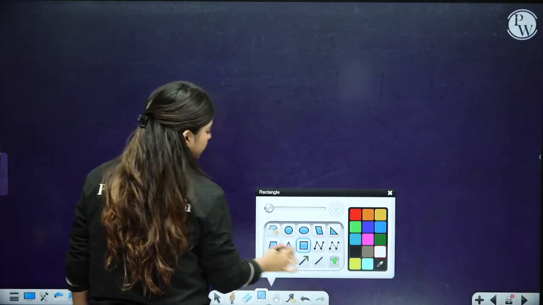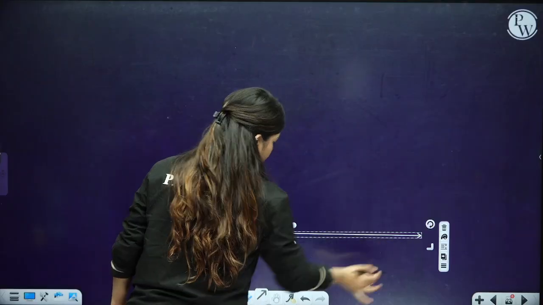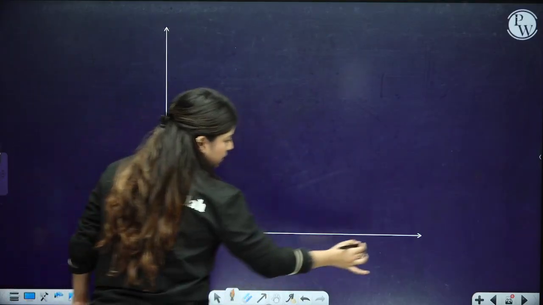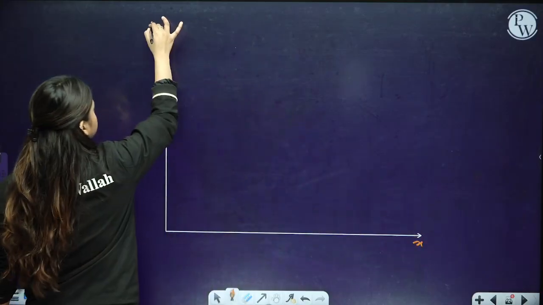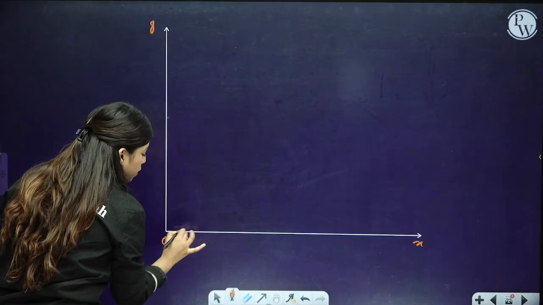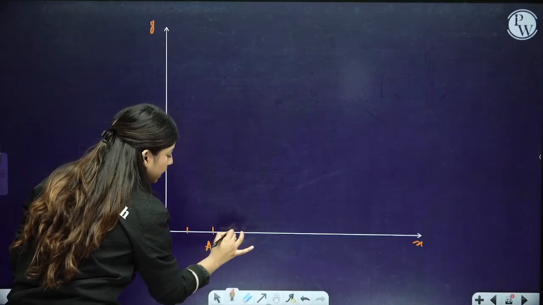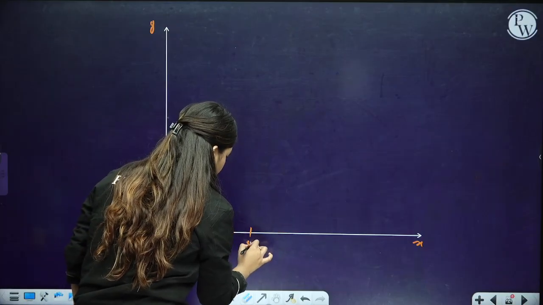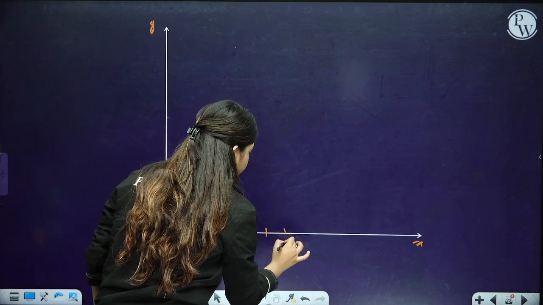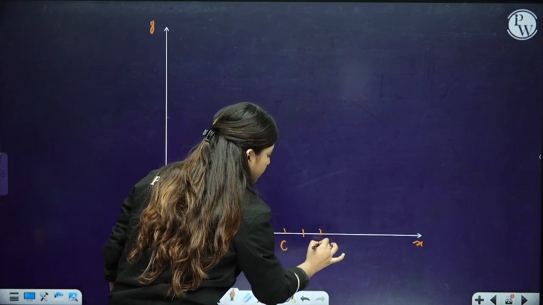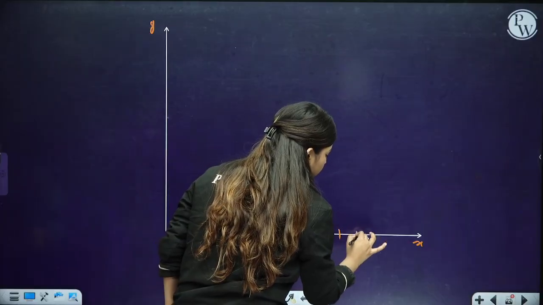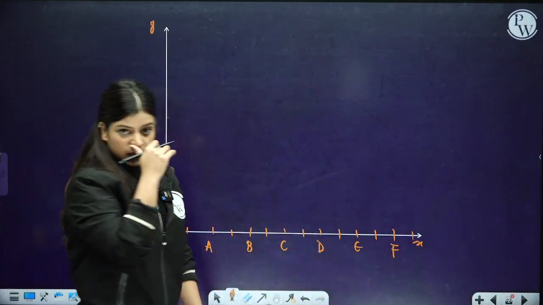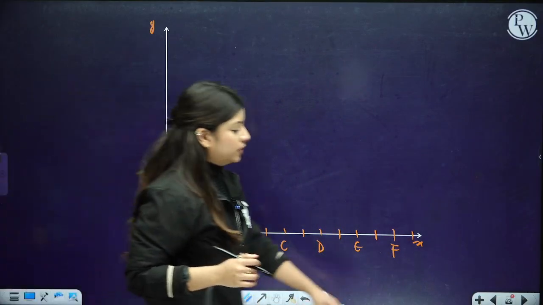The very first thing that you have to do is take the x-axis. The second thing that you have to take is the y-axis. So this is the x-axis, this is the y-axis. Now this is the origin, this is the political party A, this is the political party B, this is the political party C, this is the political party D, this is the political party E, and this is the political party F. So we have drawn the political parties on the x-axis.